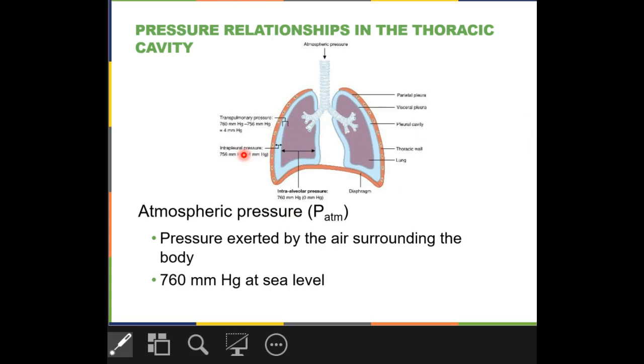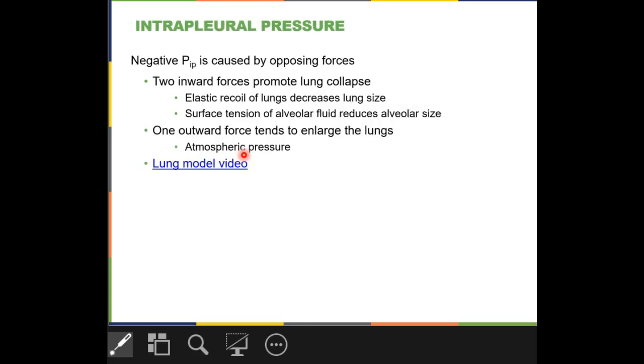As the space in between your lungs and your thorax gets bigger, the pressure drops. Atmospheric pressure comes in and pushes your lungs open. So even when your chest is relaxed and your thoracic volume is as small as it's going to be, your lungs still want to go smaller because of that elastic tissue, and it's atmospheric pressure that's holding them open.